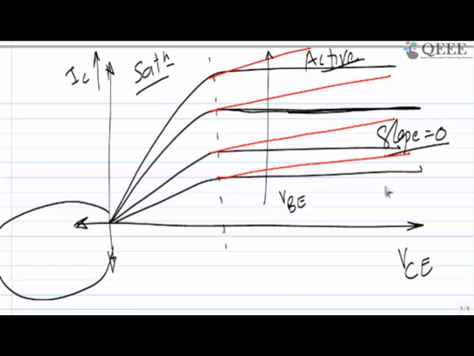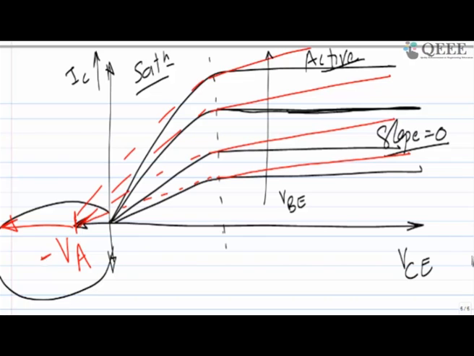This happens because of many reasons. If you are making your base width not exactly what you are supposed to make, then that base width will create a problem, and your active mode of operation will have some slope, and that slope, if you extend it, will come to one point. Let's declare that point as minus VA.